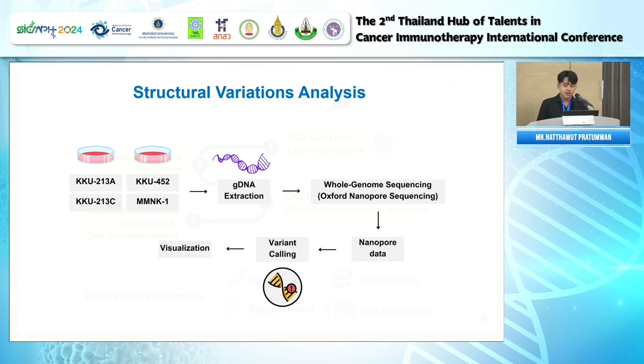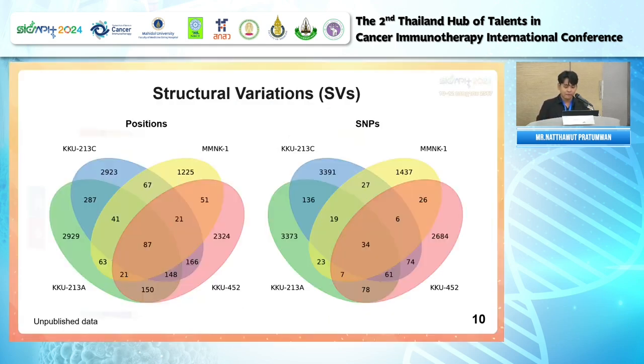The genomic DNA extracted from those 4 cell lines was used for whole genome sequencing using third generation sequencing, Oxford Nanopore. Then the nanopore data was used for variant calling using a structural variation calling algorithm, and then visualized to see the variation within the 4 cell lines.